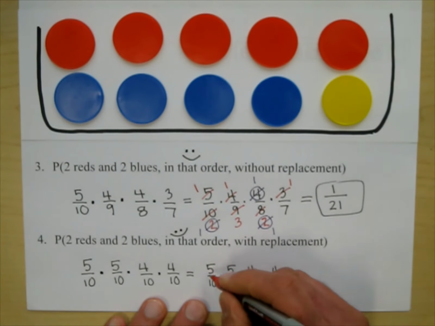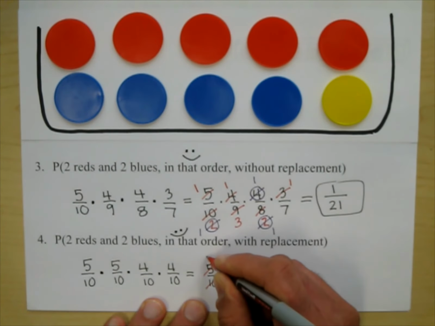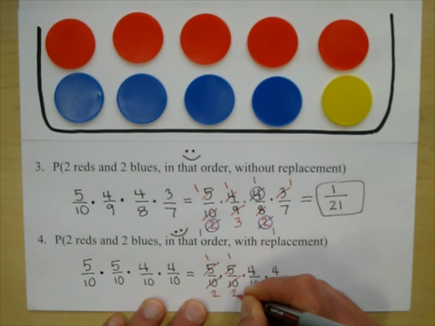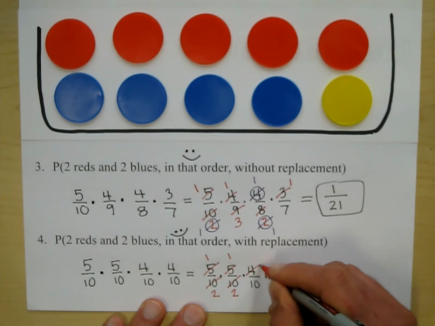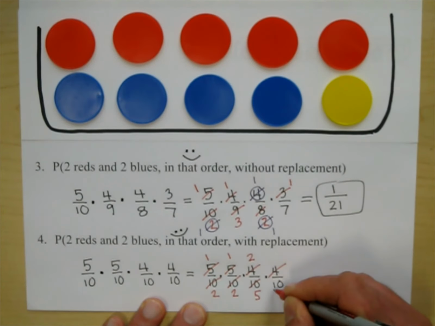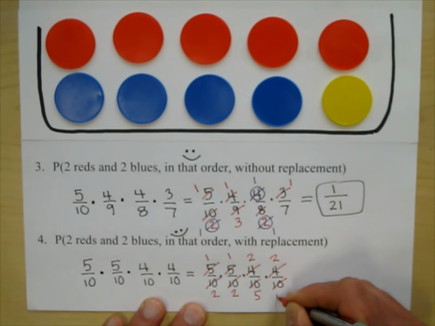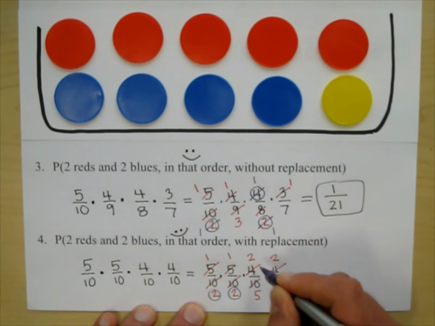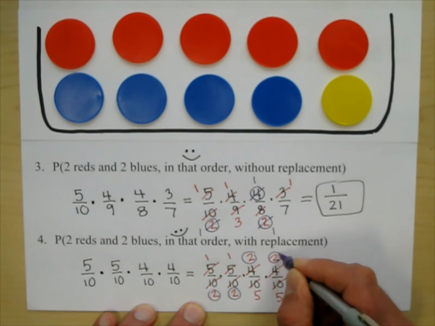So my canceling party, we have 5/10 is 1/2. 5/10 is 1/2. 4/10 is 2/5. And 4/10 is 2/5. Now the party's not over because we have 2 2s on the bottom and 2 2s on the top.